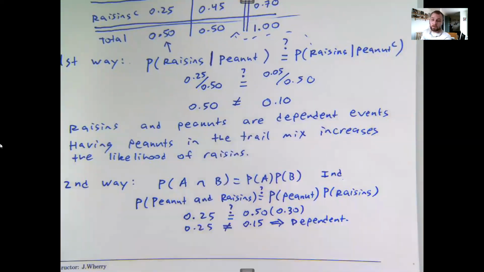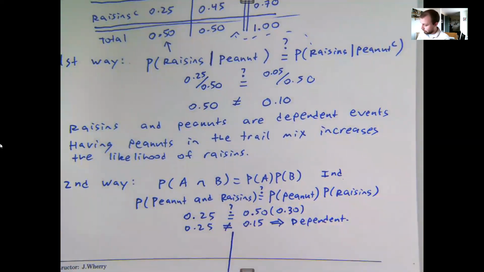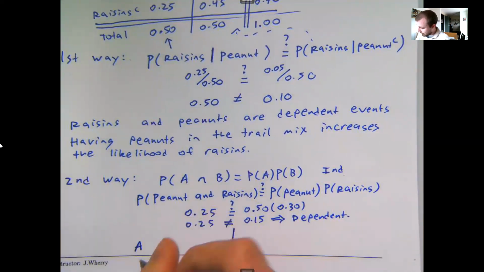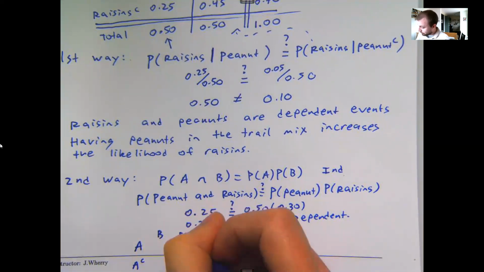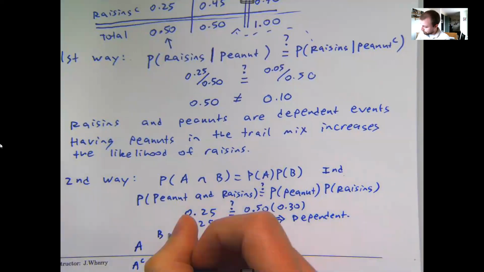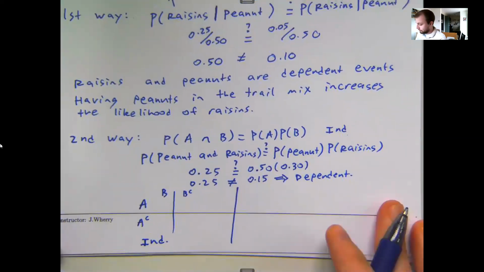Finally, I just want to give you a quick visual technique at seeing if something is independent or dependent. So I'm going to give you two quick tables here. A, not A, B, not B. This first table I'm making will be independent.